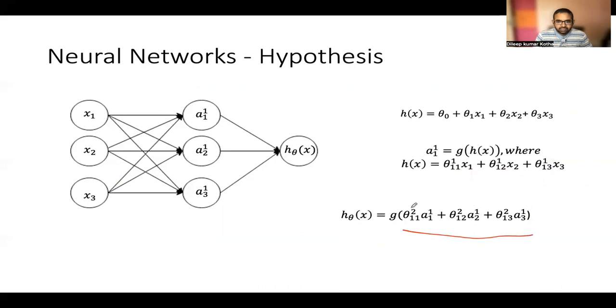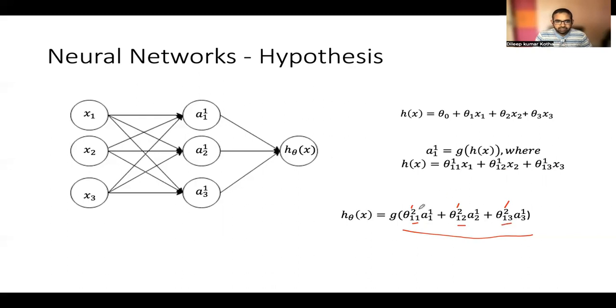You will see the theta superscript became 2 here because it is coming from the second layer. And as you can see, this is the first input of the first neuron, this is the first input of the second neuron, and this is the third input of the first neuron.